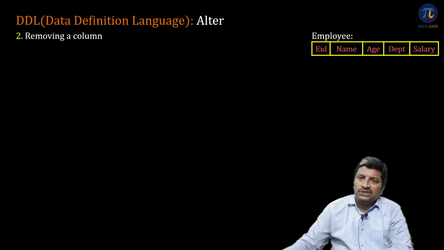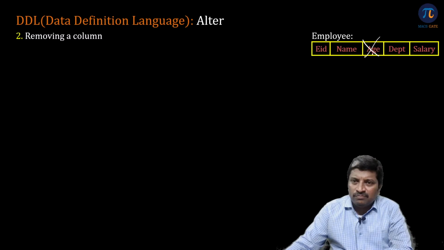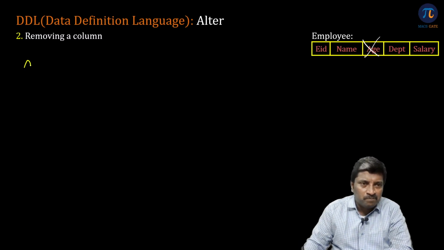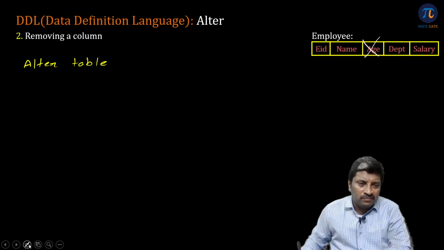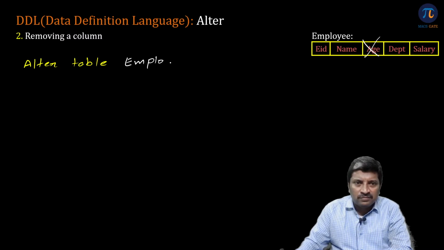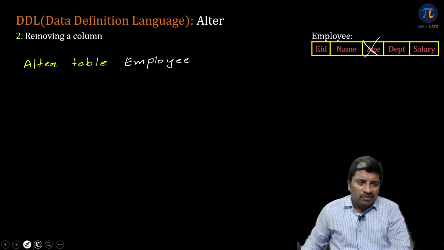Removing a column. Suppose I don't want age. I don't want age. Alter table. What is the table name, sir? Employee. Okay. What you want to do, sir?